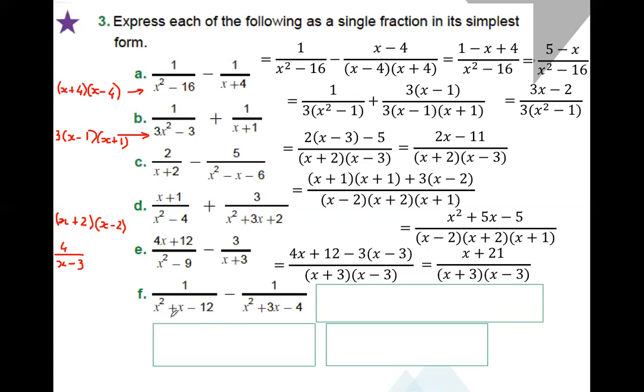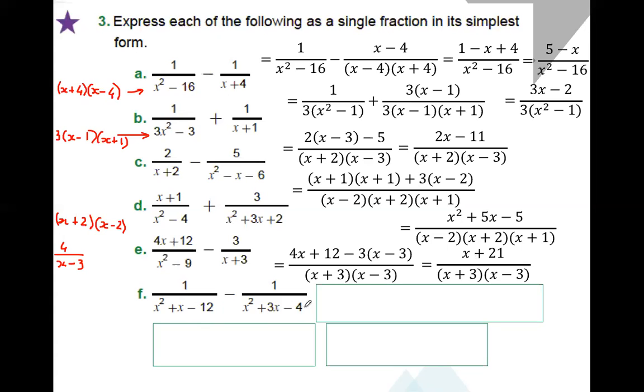Next one, we need to factorize that x squared plus x minus 12. So 12 times 1 should give me the 12. No, 3 times 4, because I need to get a 1 here. So positive 4, negative 3 to get me this positive.